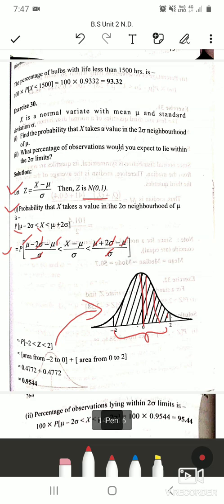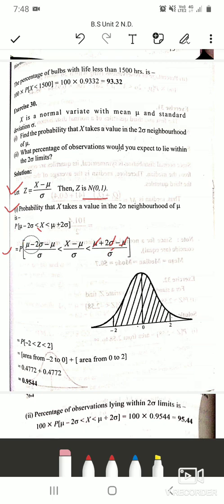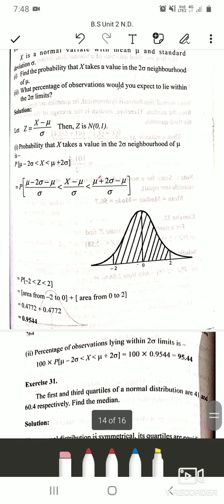Now the area from 0 to minus 2 is nothing but again the area from 0 to 2, so it is 0.4772. Therefore the probability of x lying between mu minus 2 sigma and mu plus 2 sigma is 0.9544.